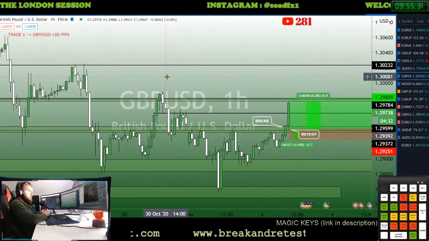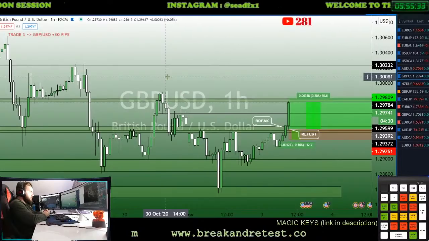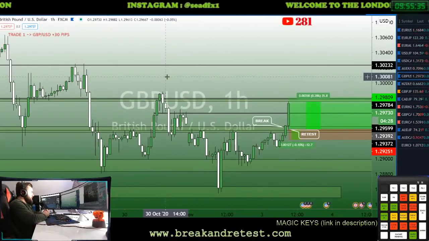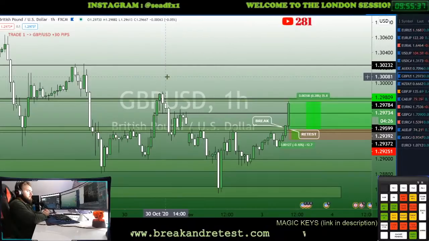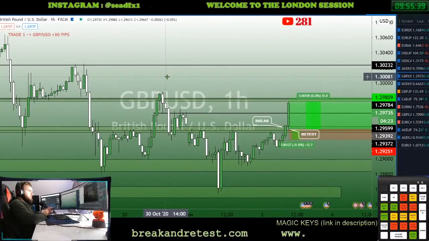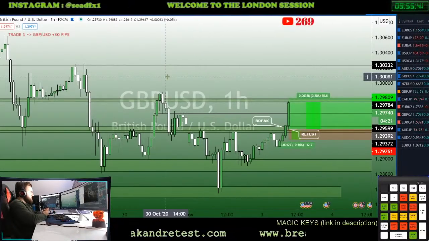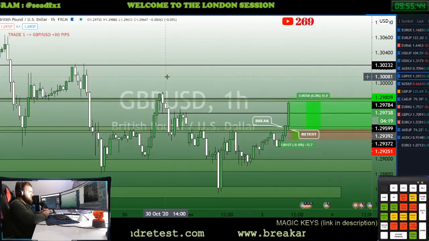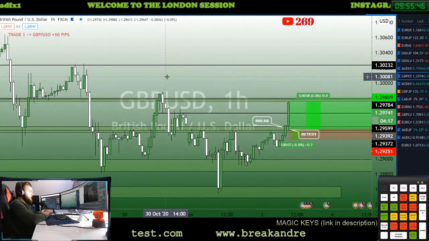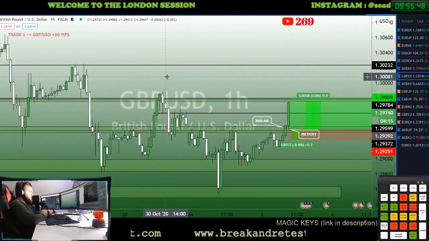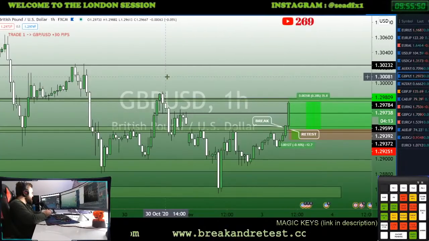Imagine how hard that's going to be, even for your psychology, for your mindset. Making 10 pips back is way easier than making 100 pips or 50 pips back, or making 1% back is way easier than making 3 or 4% back.